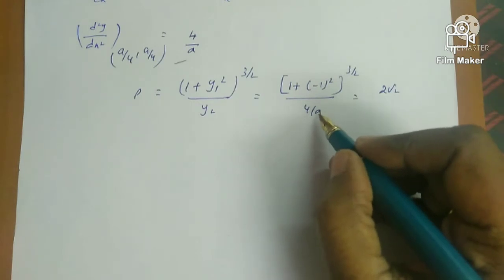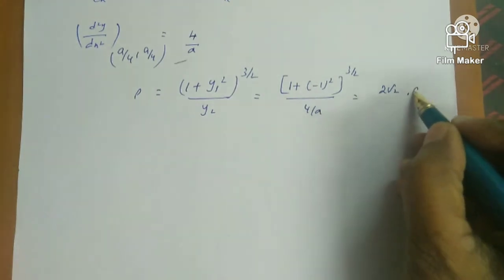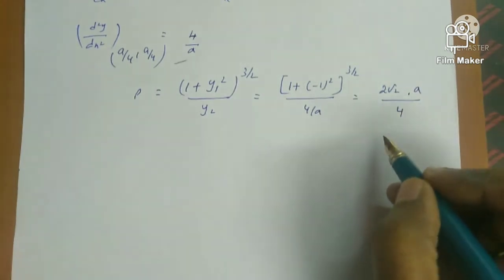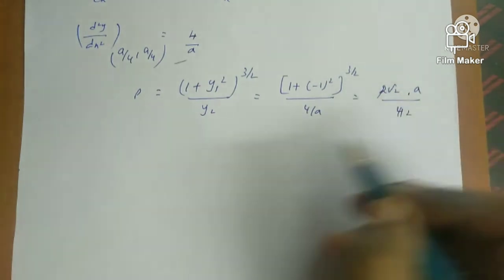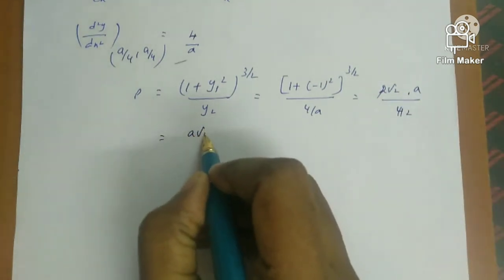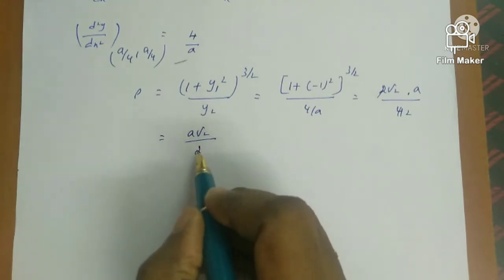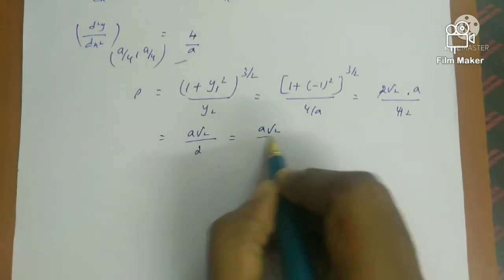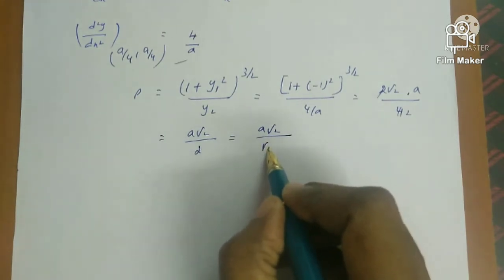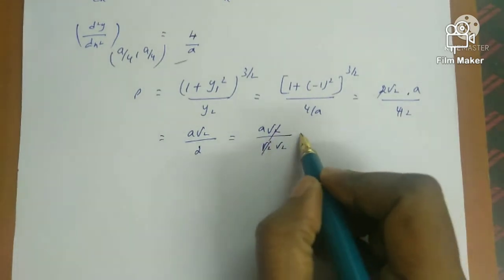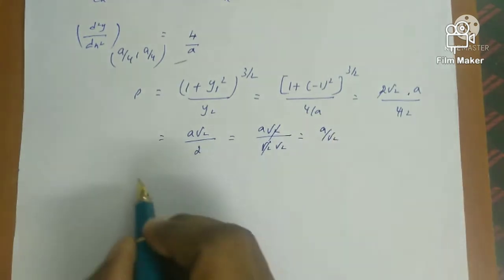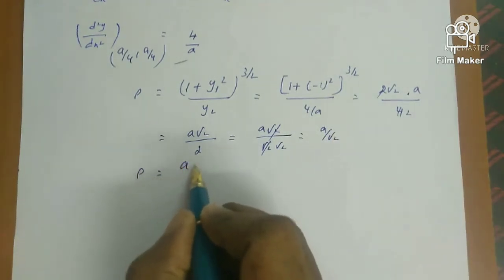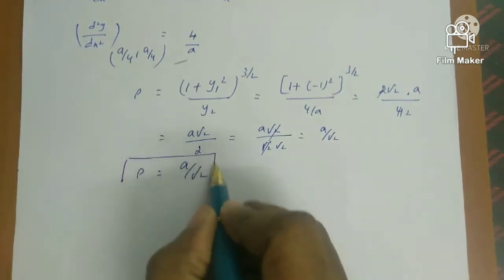The denominator 4 by a goes to the numerator as a divided by 4, so we can cancel by 2 times. That gives a root 2 divided by 2, which can be written as root 2 into root 2 over 2, and cancelling, we get rho equal to a by root 2.